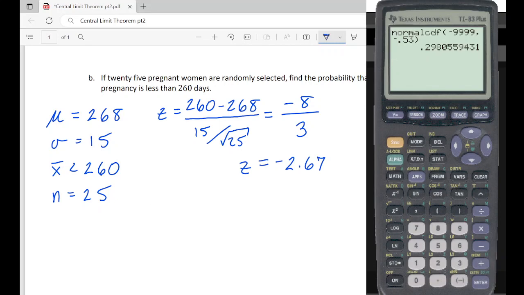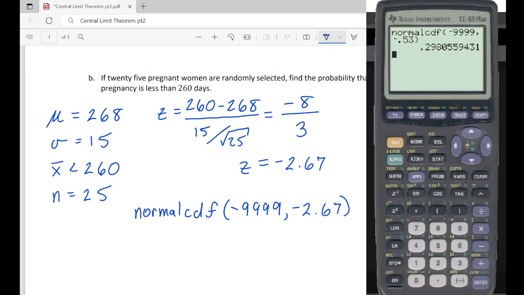And now I'm going to plug this into normal CDF just like I did with part A. So normal CDF. And since we want our x bar to be less than 260, we have to be less than negative 2.67. So pick a large negative number, so negative 9999. And then my upper is going to be negative 2.67.